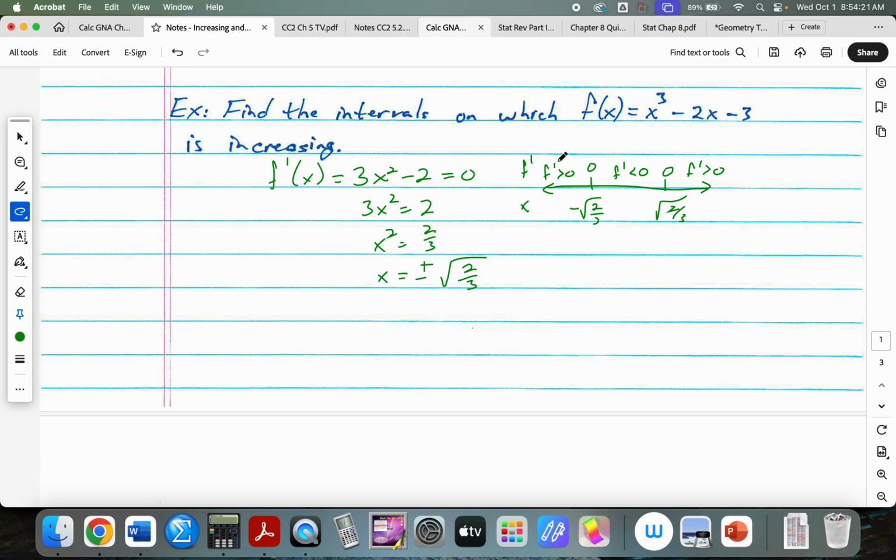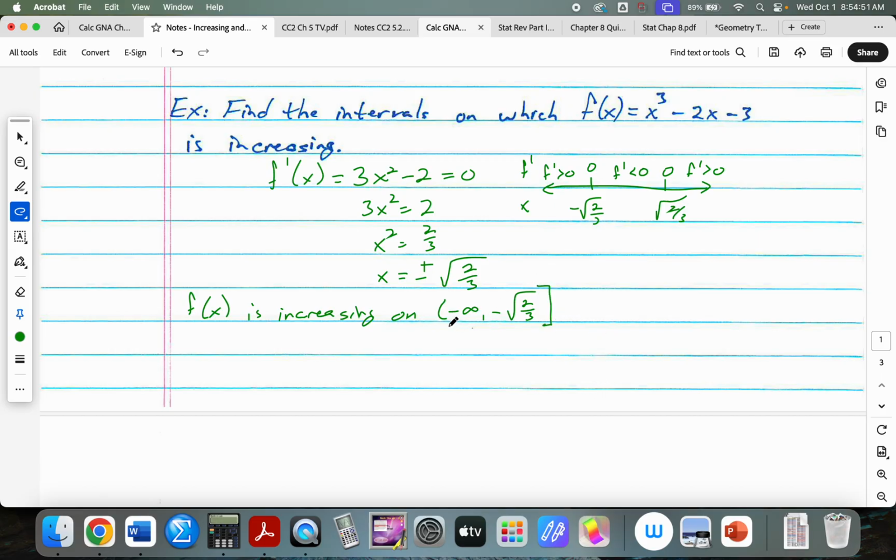So the intervals on which f is increasing, so f of x is increasing on the interval from negative infinity to negative square root of 2/3, and it's going to be closed at the negative square root of 2/3.